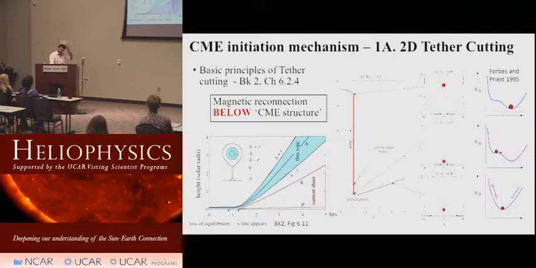So the basic principles of the tether cutting go through some theory and work, and actually it's in the books that you guys have got, in book 2, and this is a figure I grabbed from there. If you want to go into more of the theory behind that, I'd invite you to go read them. But the idea here is looking at how the CME destabilizes and lifts up above the surface. This is a focus on creating the flux rope and looking at the energy state that occurs from that.